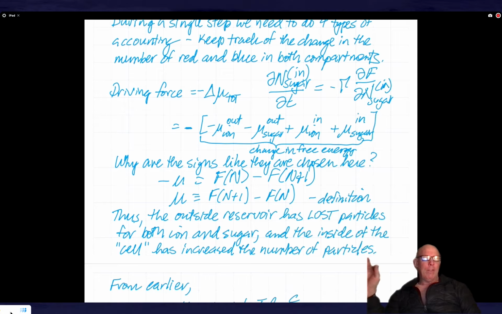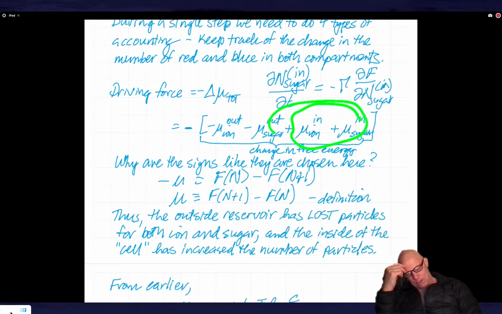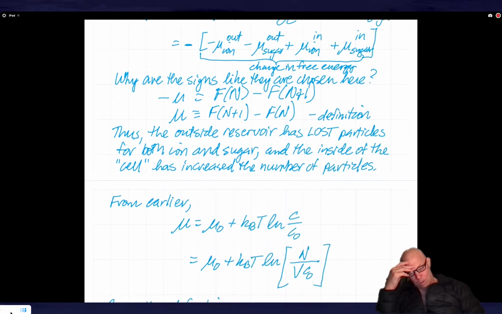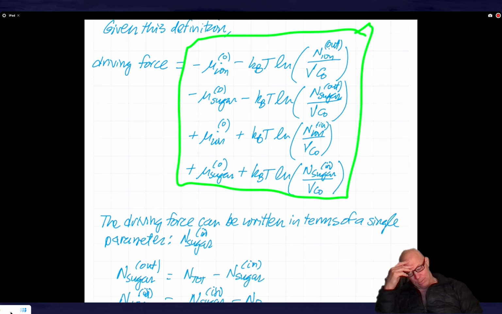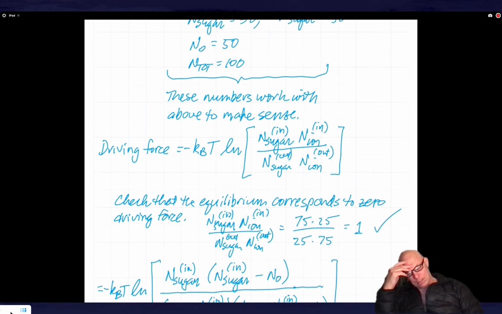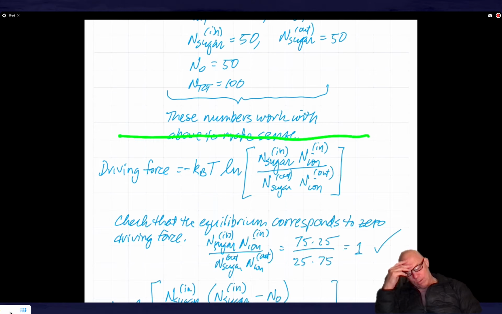That means I need to have the negative sign with my chemical potentials, and then for the inside, the number of ions and the number of sugars went up, and that brings me these plus signs that you see right here. Okay, so using the definitions of the chemical potentials, which we worked out once and for all, at least for an ideal solution, I can plug those in, and I can rewrite the driving force in this fashion.